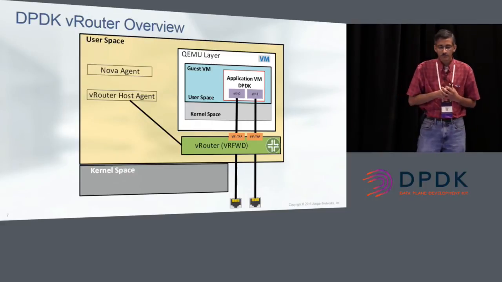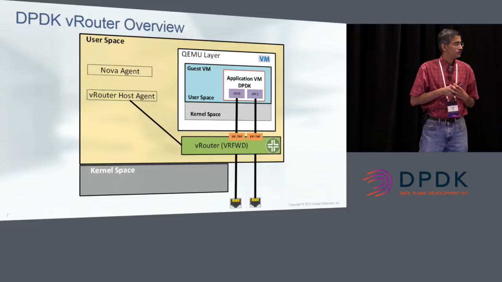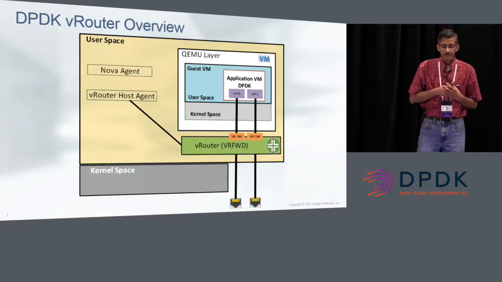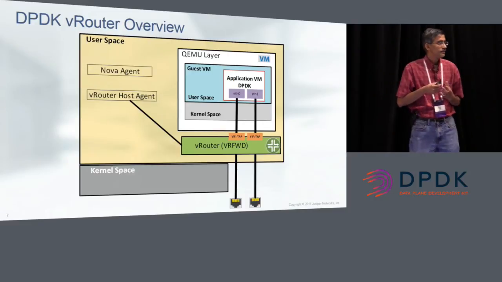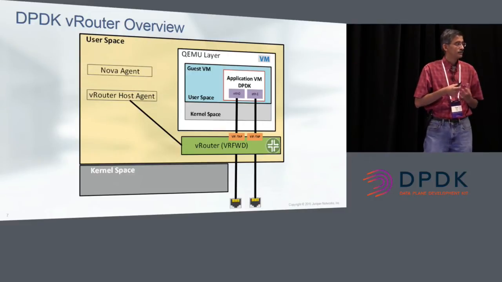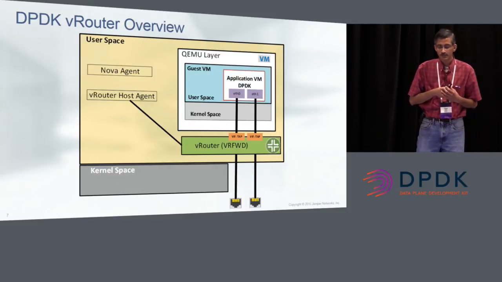And with this solution, there is no kernel module. So if you choose to have KNI, which is an option, to send packets to the host network stack, we would have a kernel module for that, but it's not mandatory. And there is no vRouter functionality inside the host kernel.